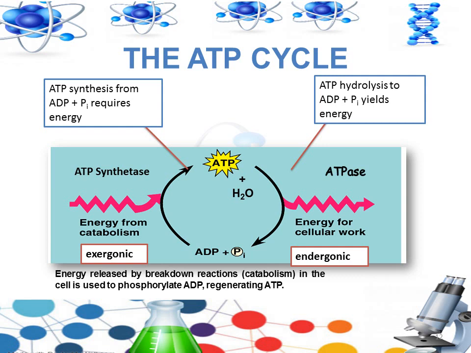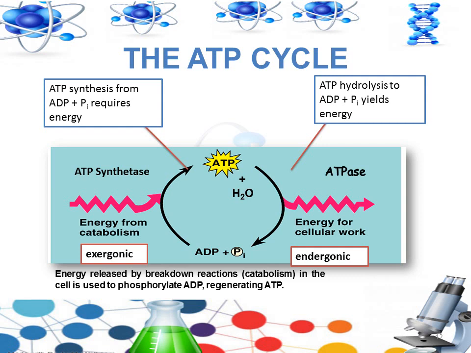What we learned before: anabolic processes, secretion, and active transport. This process is catalyzed by the enzyme ATPase. So now ATP becomes adenosine diphosphate and inorganic phosphate.